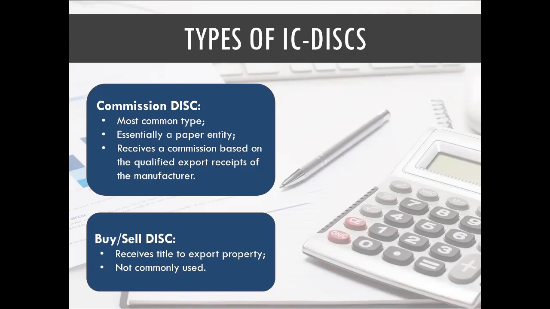We will talk about the commission a little bit later on. The second type is really not very commonly used, but it's referred to as a buy-sell DISC. The main difference between a commission DISC and a buy-sell DISC is that the buy-sell DISC will actually receive title to the property being exported, where the commission DISC does not. The title to the property remains with the manufacturer.